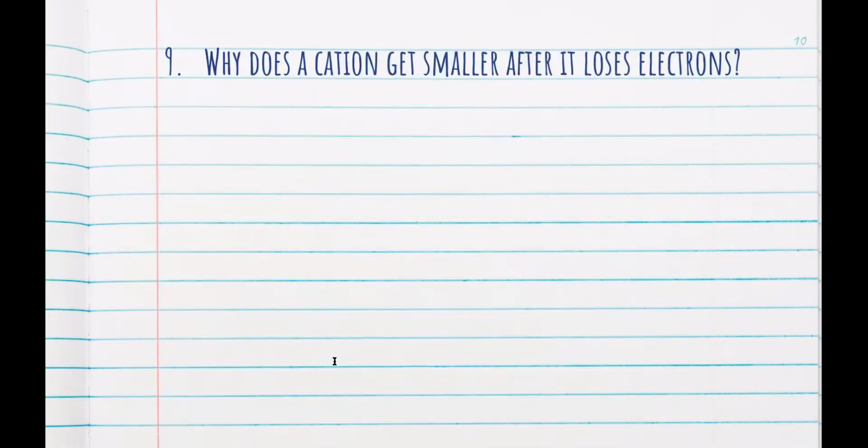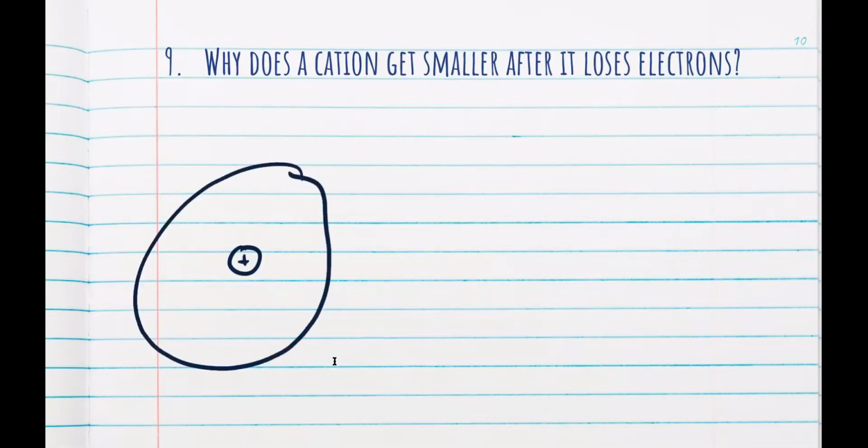For question 9, it asks, why does a cation get smaller after it loses an electron? Well, I'm going to use hydrogen as an example. Hydrogen has 1 proton, and it also has 1 electron. I'm going to draw that there. Give it a different color, just so that we know which one is which.